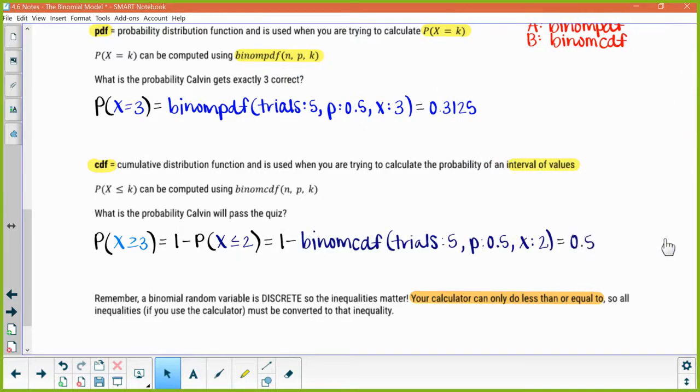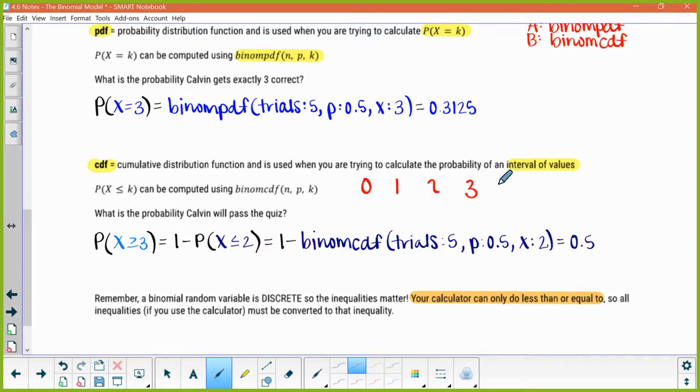And similar to what we did with normal CDFs, yes, you do have to write out your calculator input for these types of problems to get credit. So that's why I have trials 5, P 0.5, X 2. Yes, you have to label each individual value. One thing that I do suggest if you are unsure of what you're looking for, I always like to either write out the table, which is something I'll do in the next example, or I write out my outcomes.